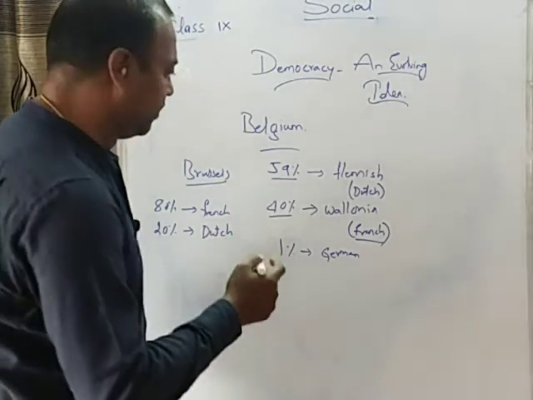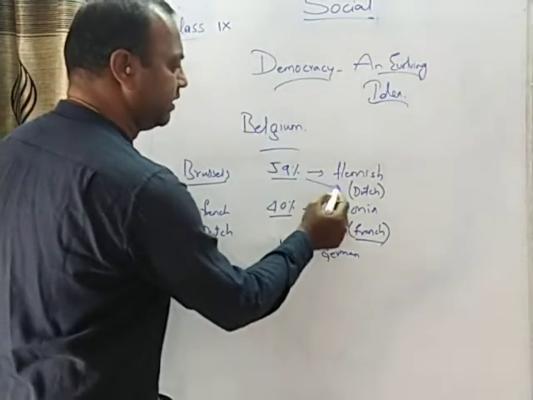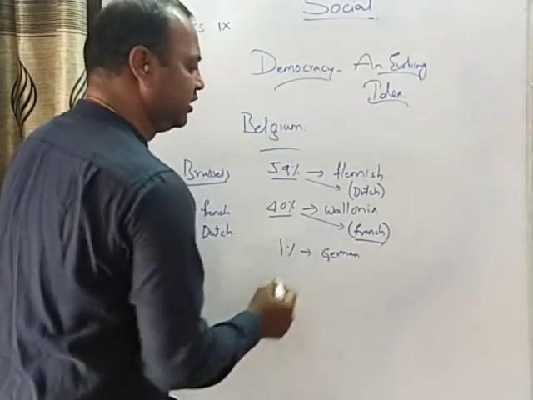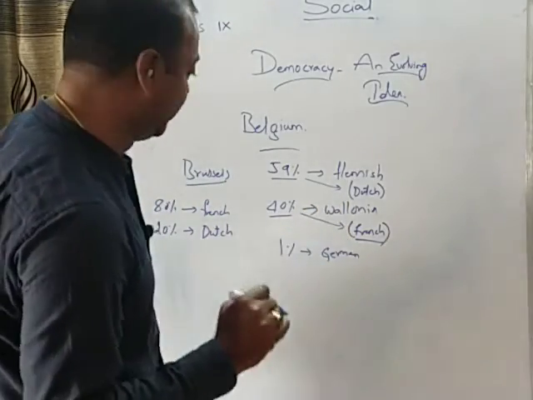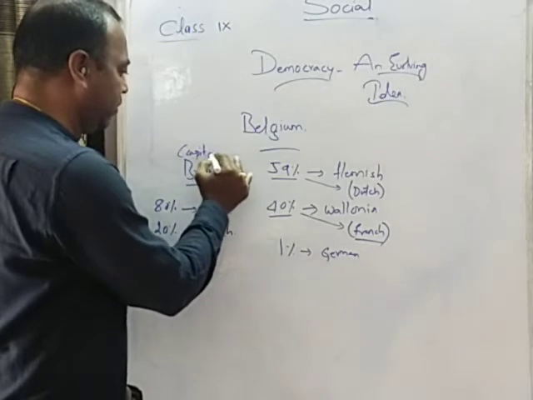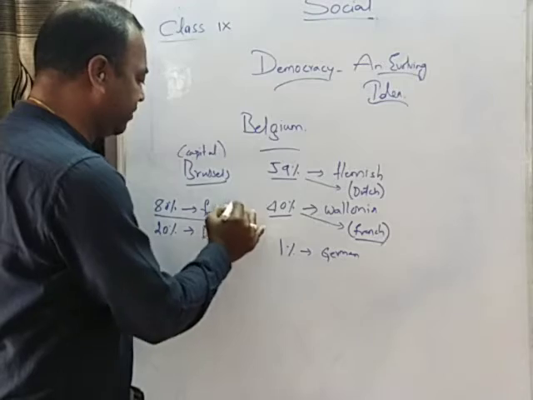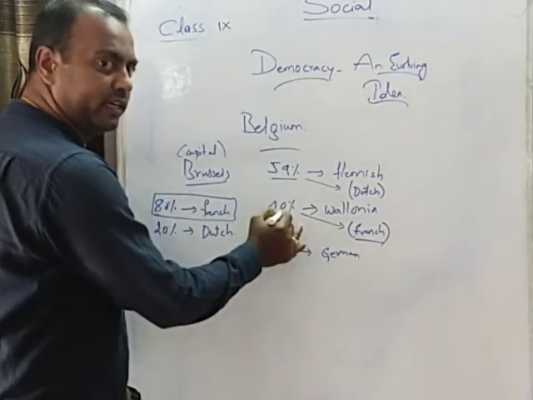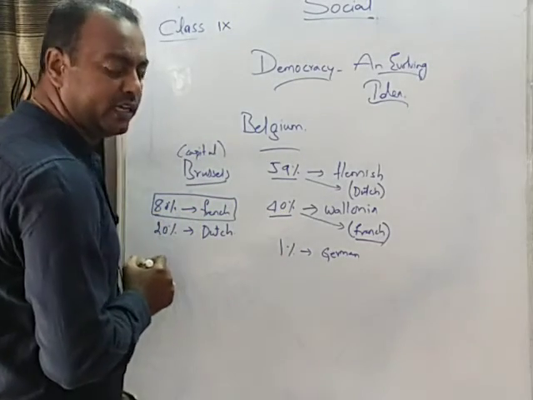Now see, 59% of the people speak Dutch and 40% speak French in the entire country. But in the capital, the majority of the people speak French. It is a minority in the country, but a majority in the capital city.